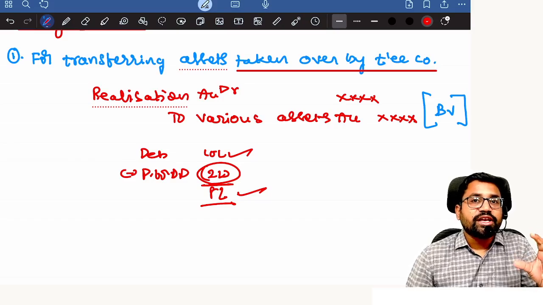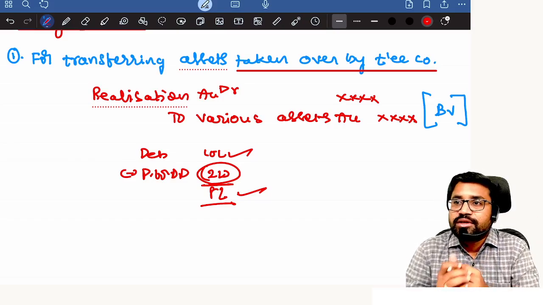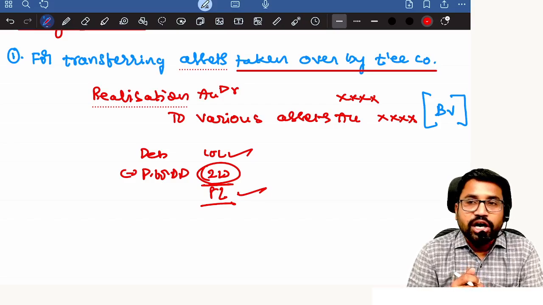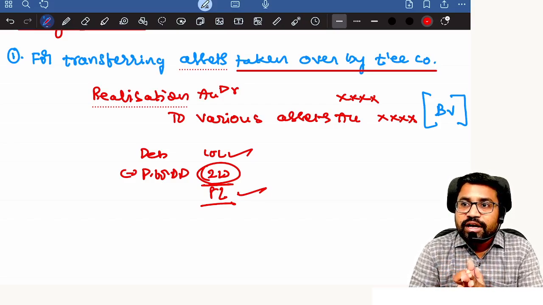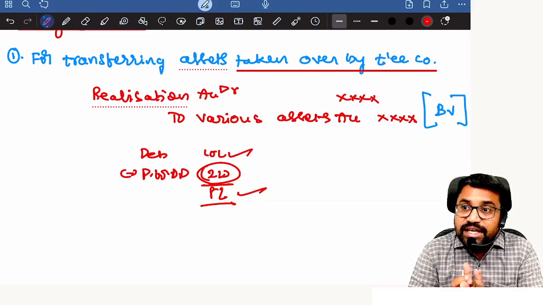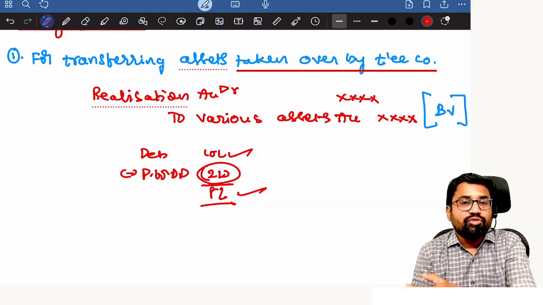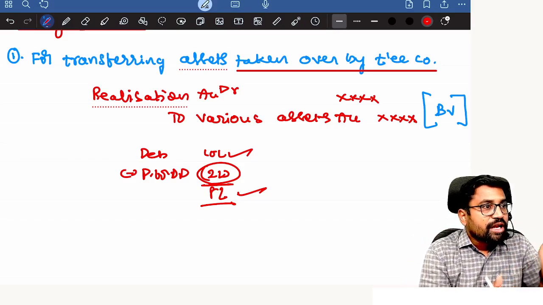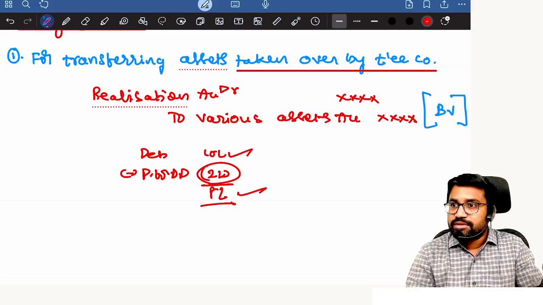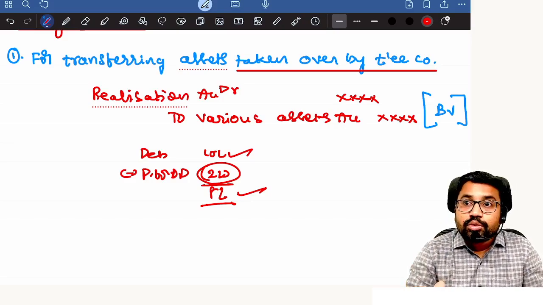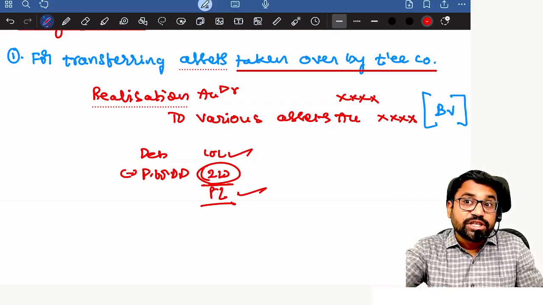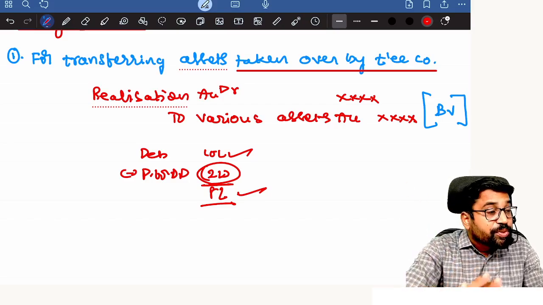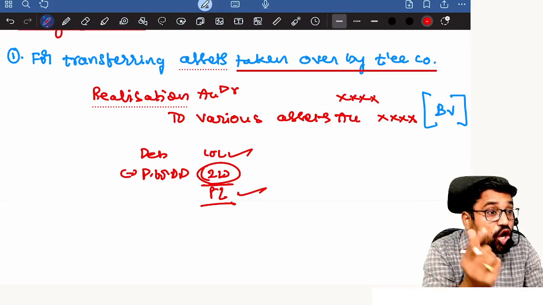So what is the first entry? In whose books we are writing the entries? Transferor. Correct? First entry, for transferring assets taken over by transferee. What are the assets which are taken by transferee company? What entry you will write? Tell me. Realization to assets. At what value? Book value. In respect of any asset, if there is a provision, transfer must be done at a gross value.